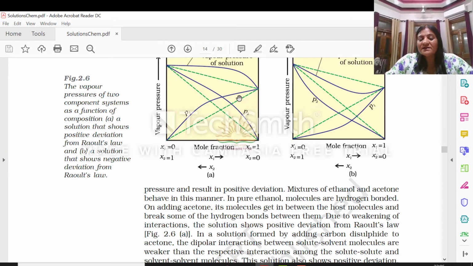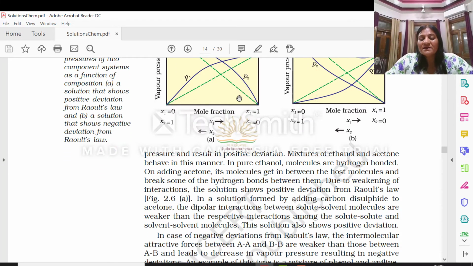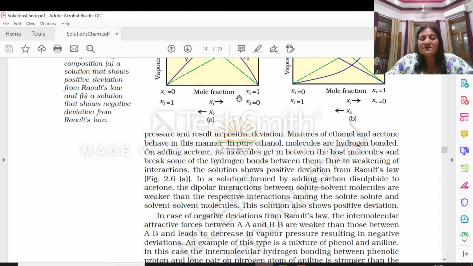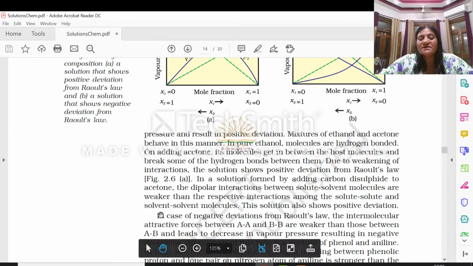As I discussed, the reason for the positive deviation from Raoult's law is that solute-solvent interactions are weaker than the solute-solute interactions and solvent-solvent interactions.